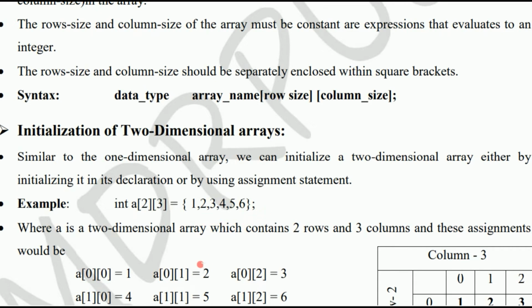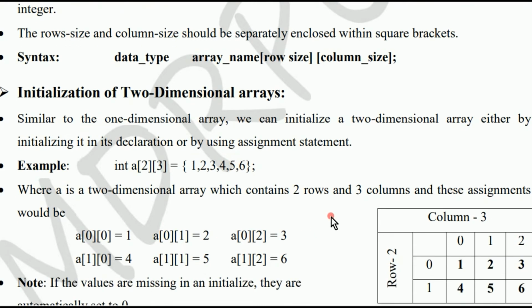In a two-dimensional array which contains 2 rows and 3 columns, the assignment would be A of 0, 0 is 1, A of 0, 1 is 2, A of 0, 2 is 3, and then A of 1, 0 is 4, A of 1, 1 is 5, and A of 1, 2 is 6.